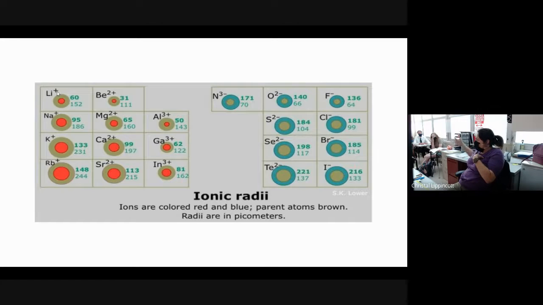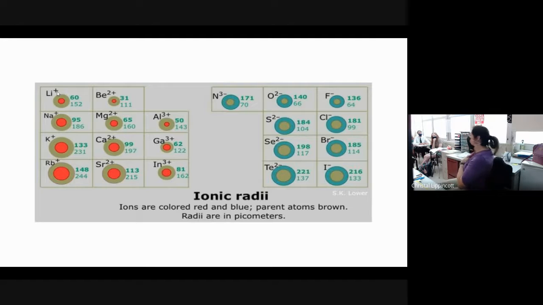So 3 pulling on 2, it's going to pull it in tighter than what lithium would normally look like. Does that make sense? A 3 versus 2. Lithium has 3 positives here. It had 3 negatives, but it lost that outer one, so now it just has these two. So the 3 are able to pull it in tighter. Good.